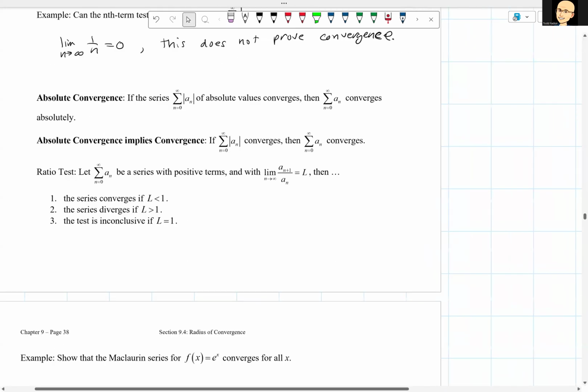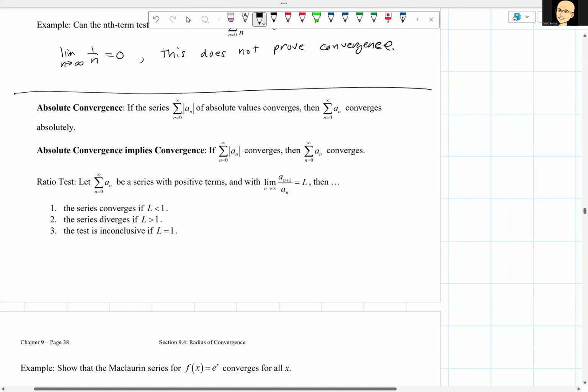Next thing on our list, we introduced the idea of absolute convergence. If we have an infinite series and we make every single term in that series positive, or at least non-negative, and it converges, in other words the series made up of only positive numbers converges, then we call that series absolutely convergent, or we say that that series converges absolutely.